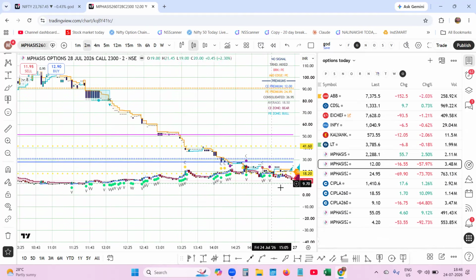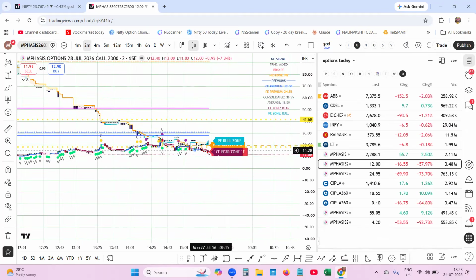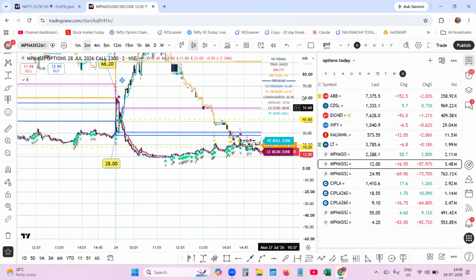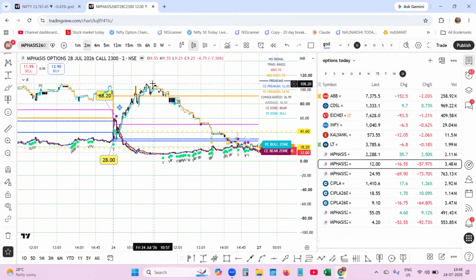And how it has come down, both of them have come down. And you can see the price ending over here. The emphasis call option 12 rupees, put option 24 rupees. The put option which has run up to 110, 108, even same thing happened yesterday.